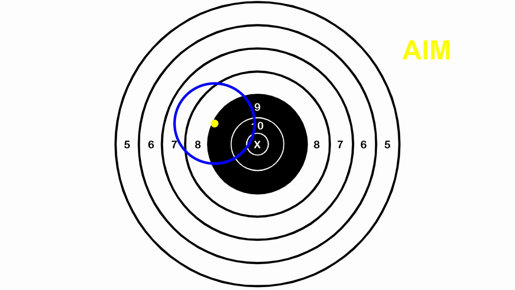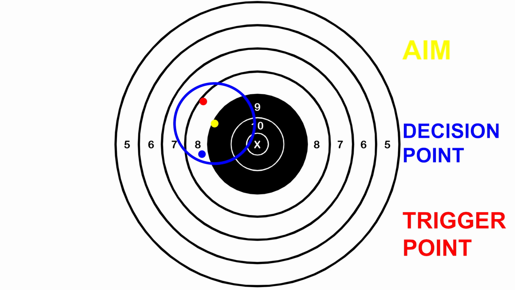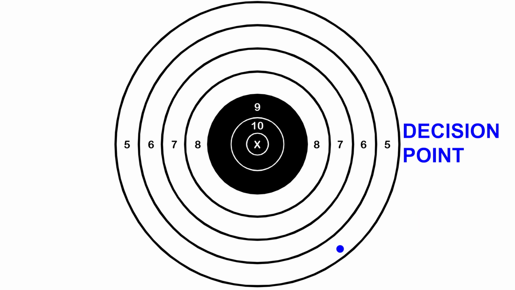As was the case with aim and hold, triggering has variation from shot to shot that depends not on the intended shot location, but on the decision point. Here are some examples of the blue hold point where the decision to fire has been made, and then a quarter of a second later, the red point at which the rifle was pointed when it actually fired.